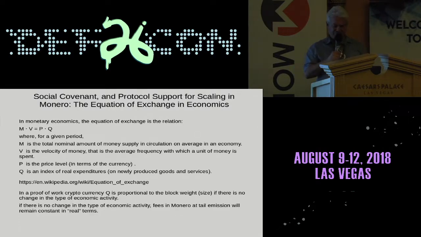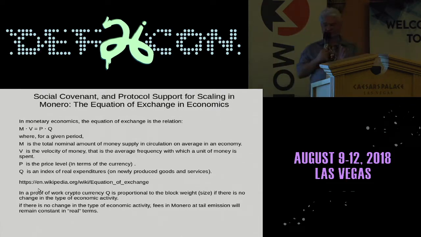Okay, I'm going to now briefly talk about something else. And this is called the equation of exchange in economics. Now, the equation of exchange in economics is actually a sort of a tautology. And basically what you have is you have the money supply, which in a cryptocurrency is actually set by protocol.